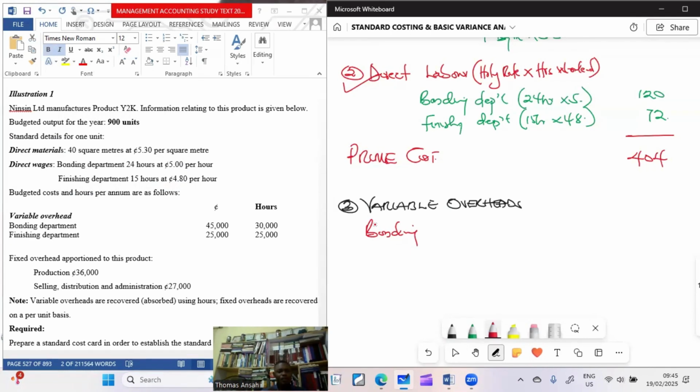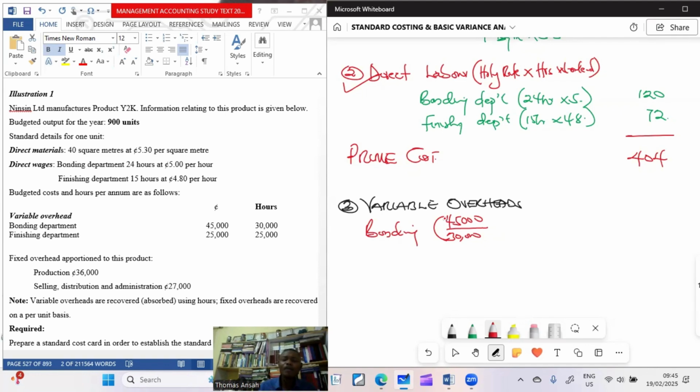So budgeted overheads, you remember the marginal and absorption costing thing that we did? Budgeted overheads over budgeted level of activity. All right, so that is that. So what is the budgeted overheads? These are the total overheads. Budgeted overheads, 45,000. Over budgeted level of activity, you have 30,000. So that is that. So budgeted overheads over budgeted level of activity.